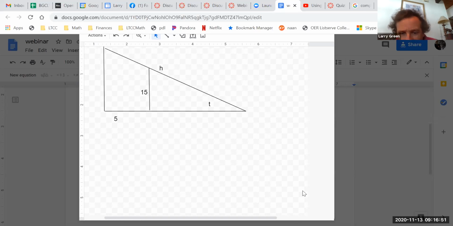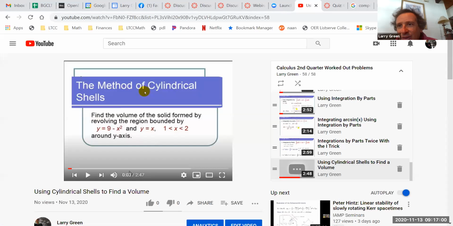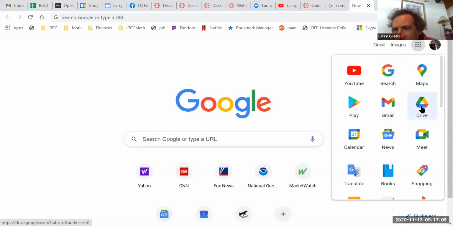The drawing doesn't always make it. All right, I think I have to start over. I hope I didn't lose the wall. Sorry about that, but Google does a weird thing with these.